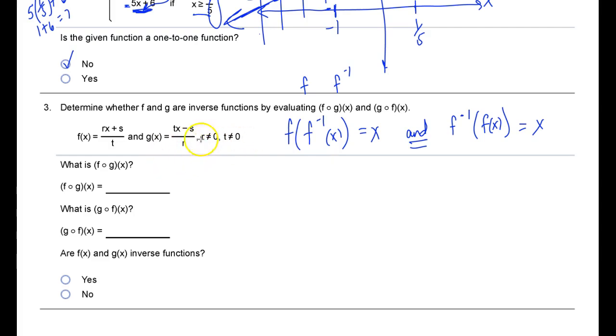And so this is essentially what this question is asking us to do with this function f and g.